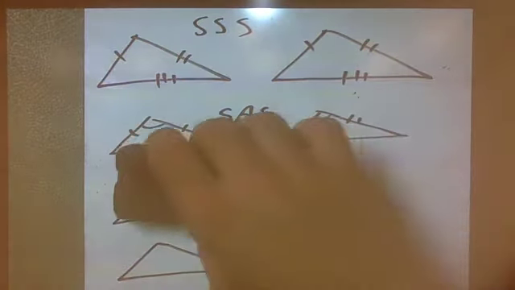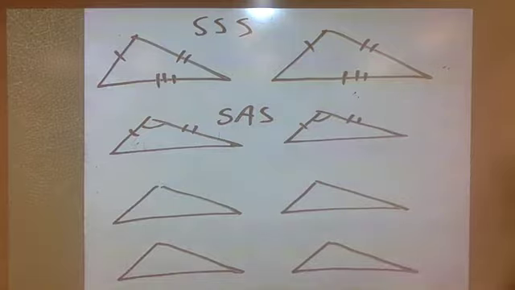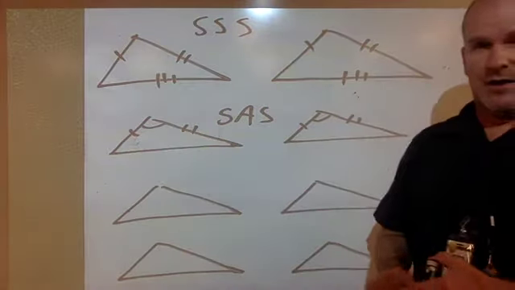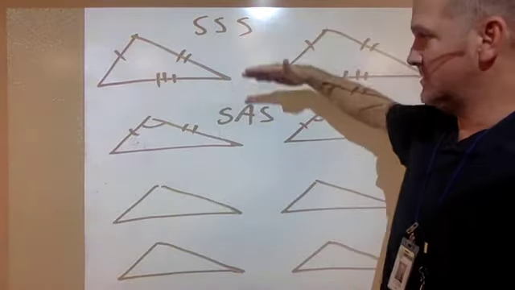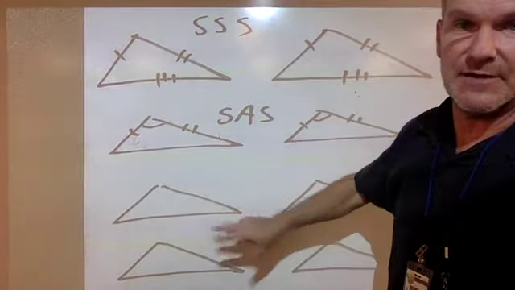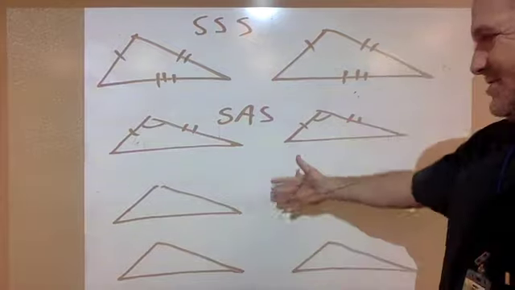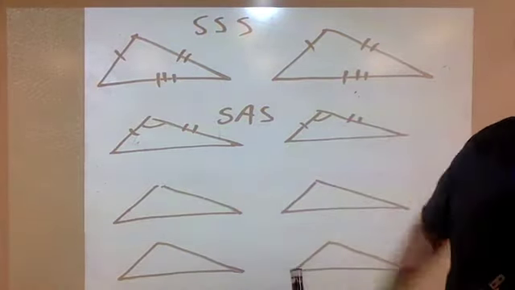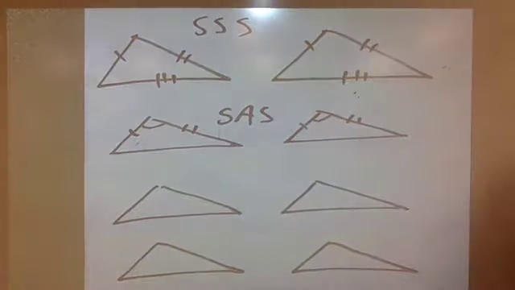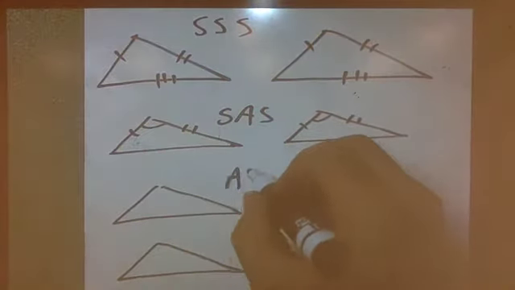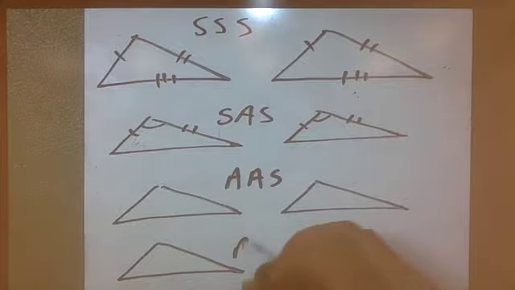All right, now for the other 2 that use 3 parts, the other 2 are going to have 2 angles and one side. So we went from no angles, 1 angle, and now both of these we're going to have 2 angles. And this one's a little bit easier because it could be any 2 angles and a side and it's going to work. You just need to know, is it called AAS or is it called ASA?